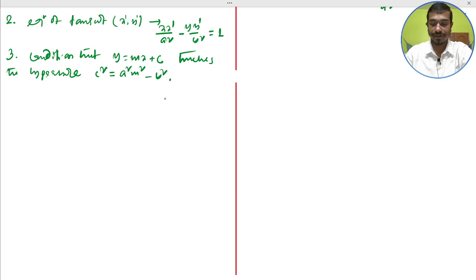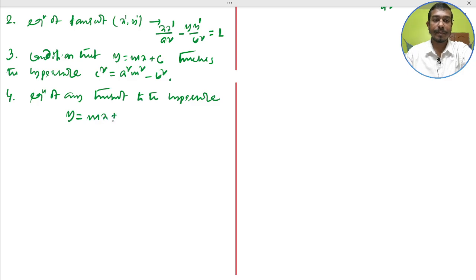Okay, this is the condition. Number 4. Equation of any tangent to the hyperbola, that is y equal to mx plus minus square root of a square m square minus b square.